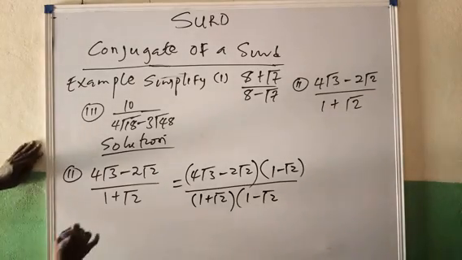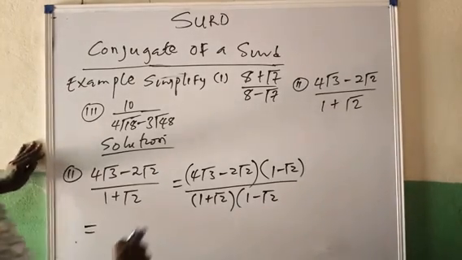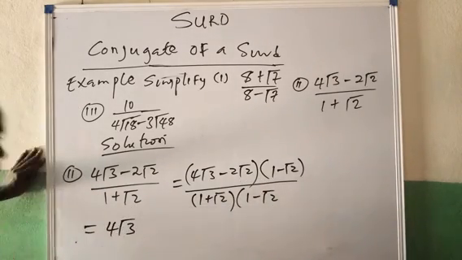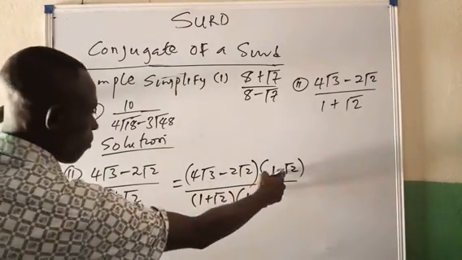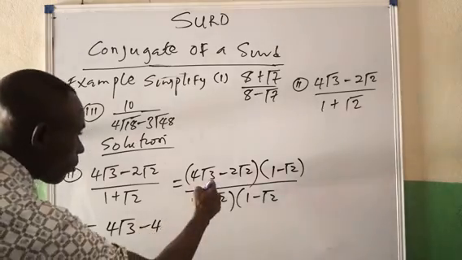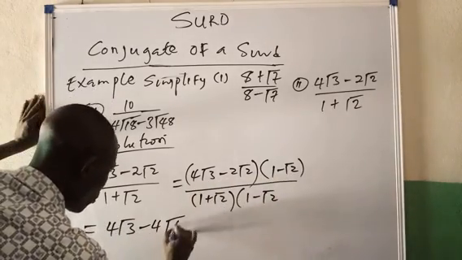So if we open the bracket together, 4 root 3 times 1 will give you 4 root 3. 4 root 3 times minus root 2 will give you minus 4 root 6.